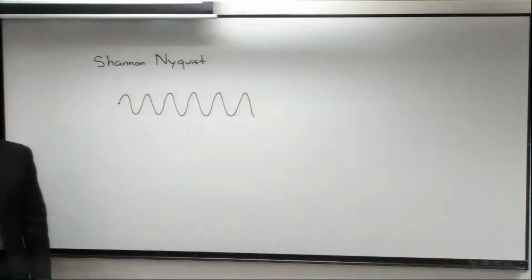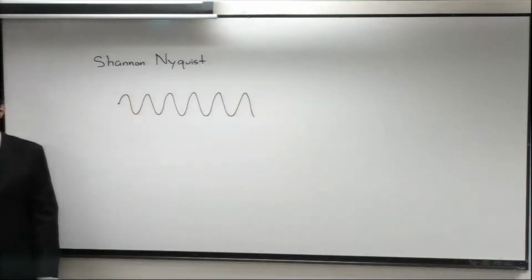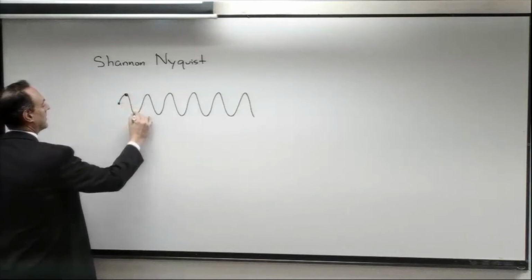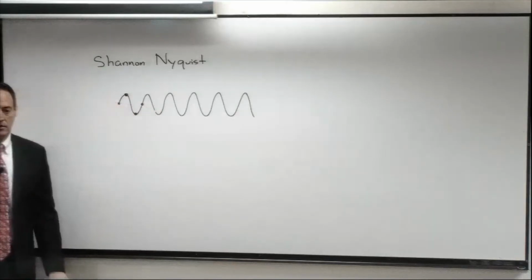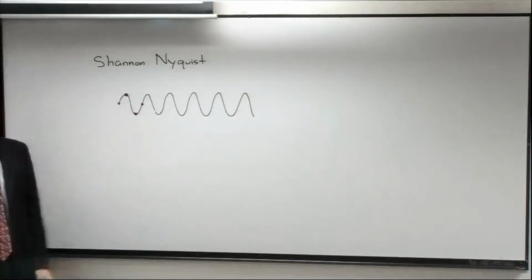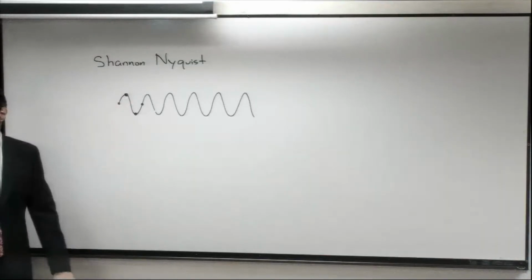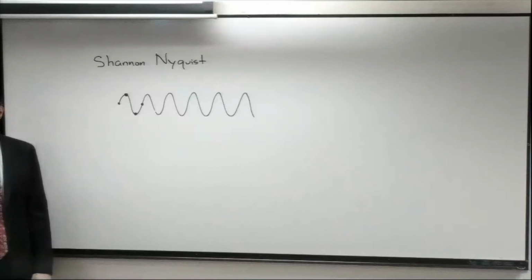Suppose I wanted to resolve that signal. How fast would I have to sample? Shannon Nyquist says you have to at least do that. So that's twice the highest frequency, essentially. Why? Because I have to see it go up and down. Everybody okay with that? Does that make sense?